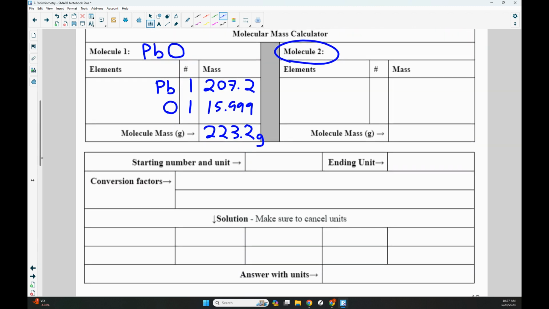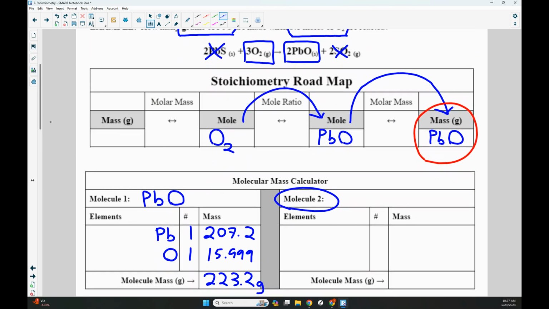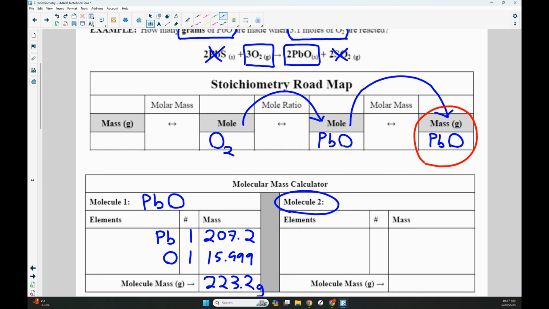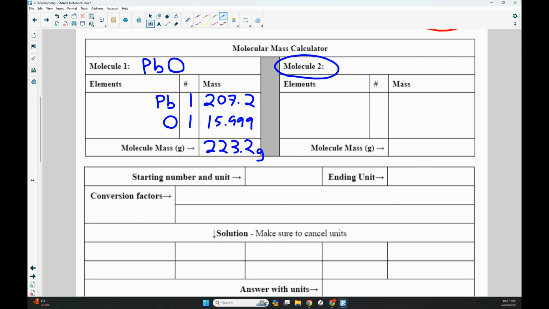So let's move on now and let's set things up. So remember what our plan is. First, we need to convert from moles of oxygen to moles of lead oxide. And the ratio is for every 3 moles of oxygen, I have 2 moles of lead oxide.